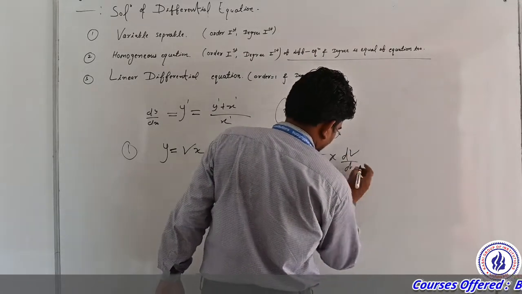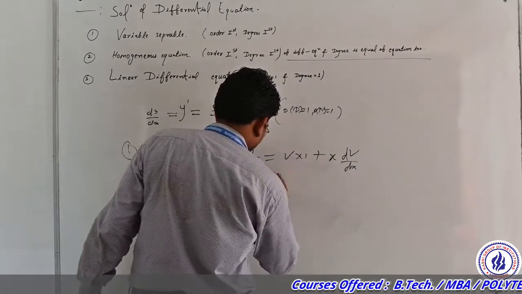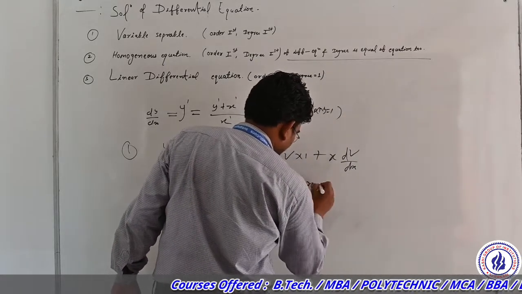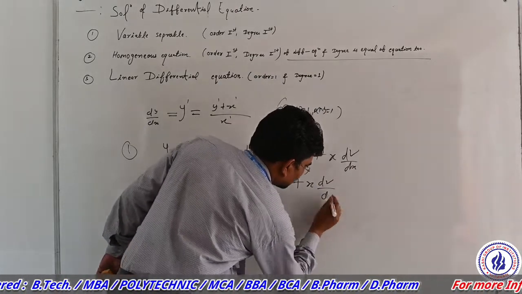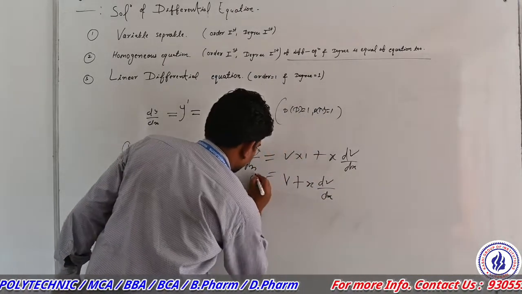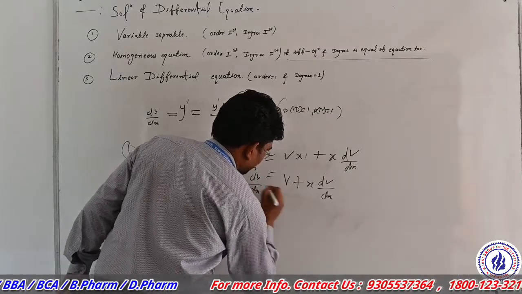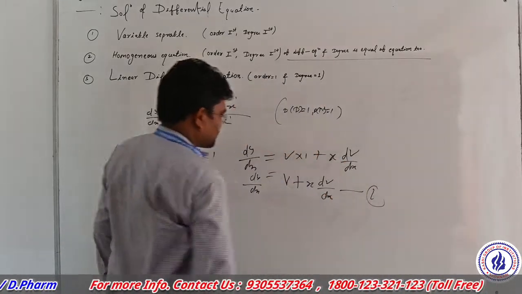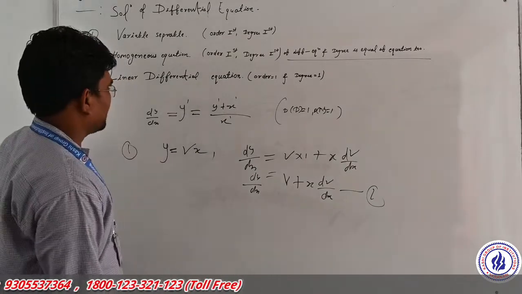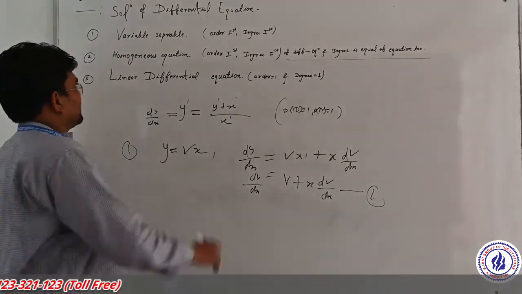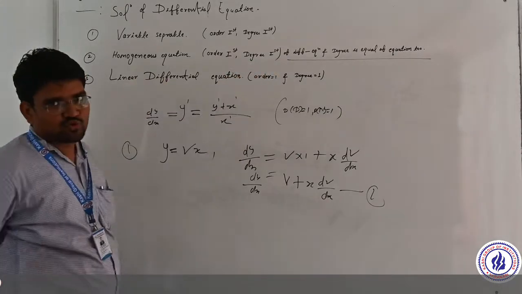In short we can write this as V plus x dv upon dx. My dear students, this is the final result for dy by dx. These two points are very important for a solution by the homogeneous process.